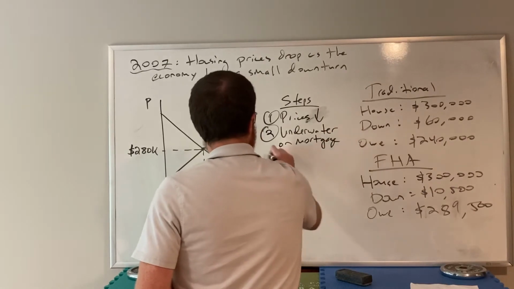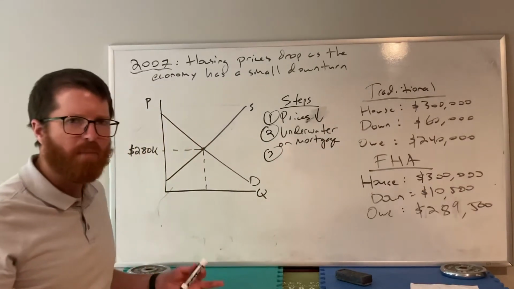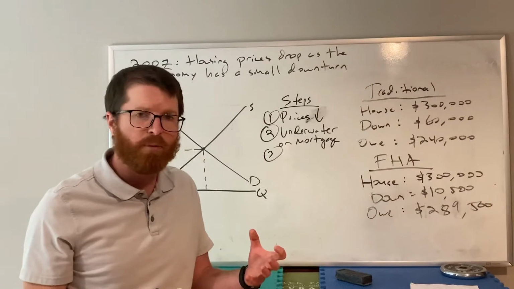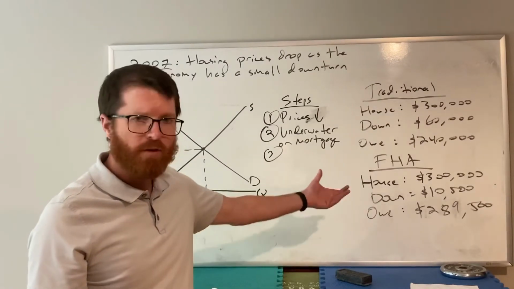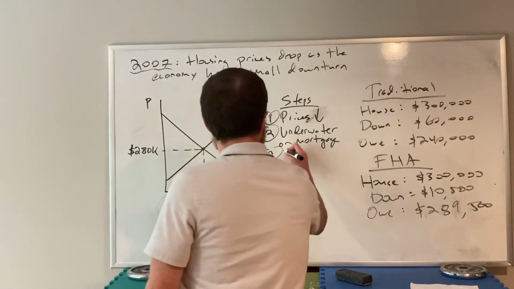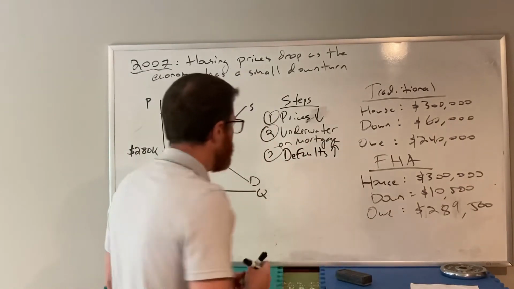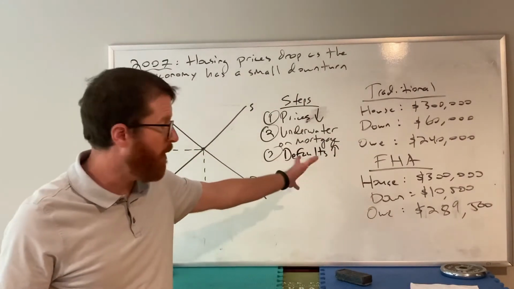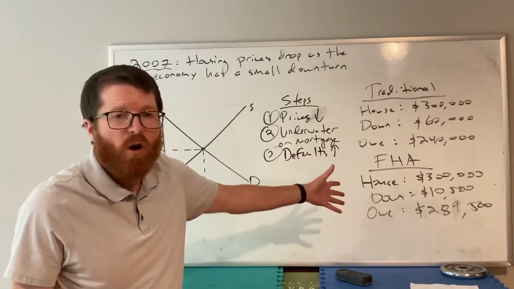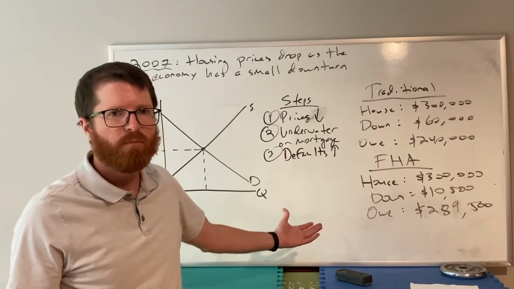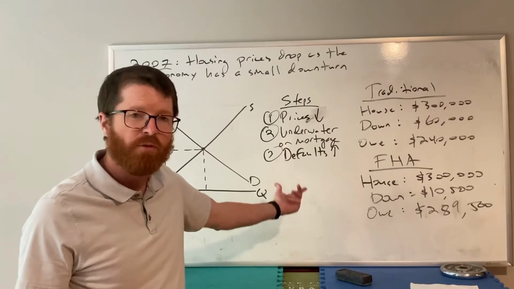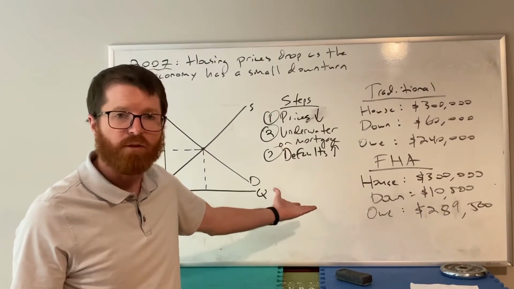And some of these people, now I'm not saying all of them are going to do it, but you can imagine maybe 0.25% of people in this market choose to default. All right, they default on purpose. Some default because they're losing their job. But regardless, you get more defaults. Now, what does a bank do with defaults? Sells it, right?